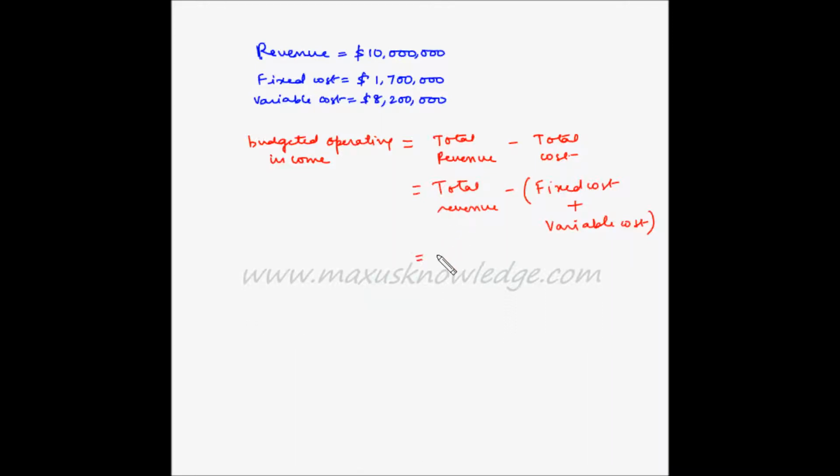So total revenue is 10 million minus fixed cost is 1.7 million and variable cost is 8.2 million.